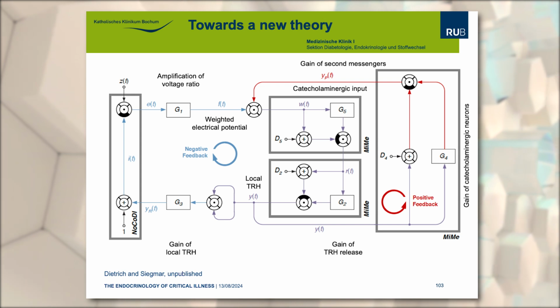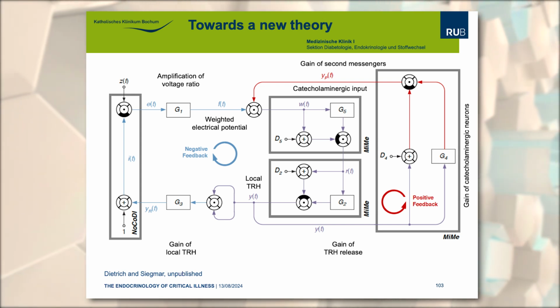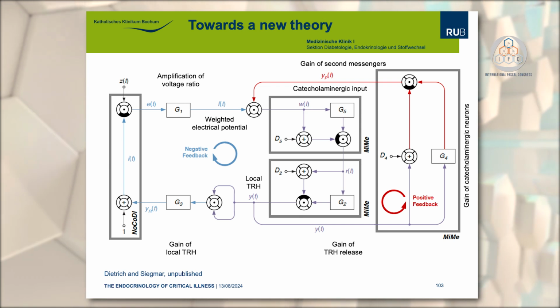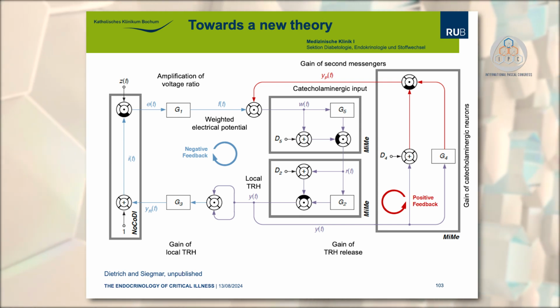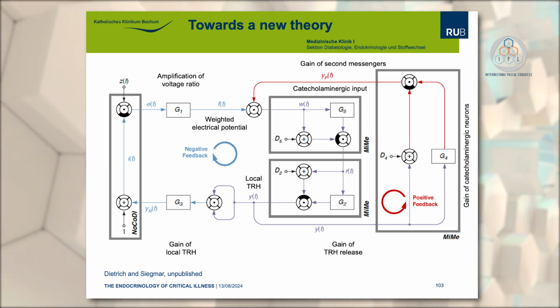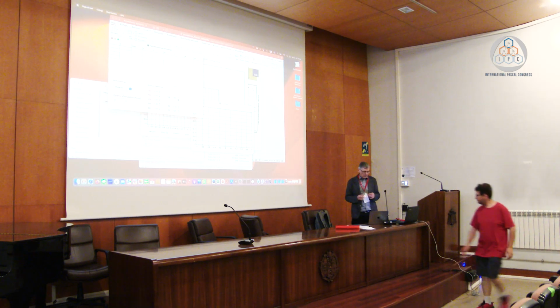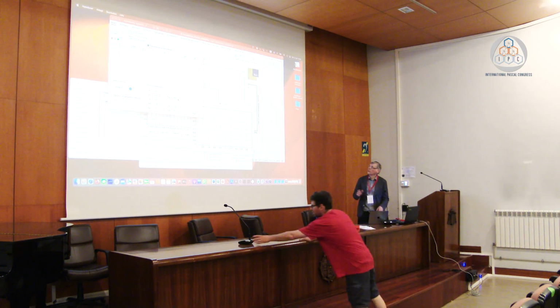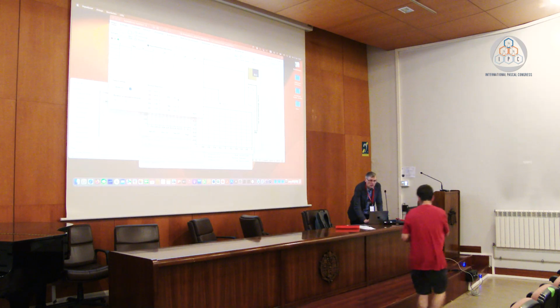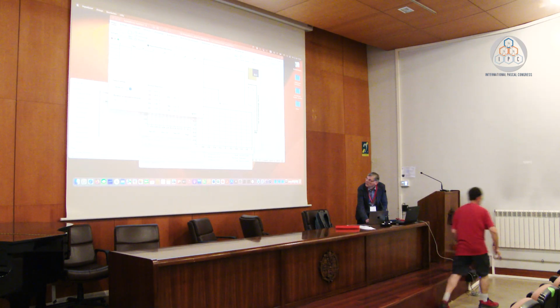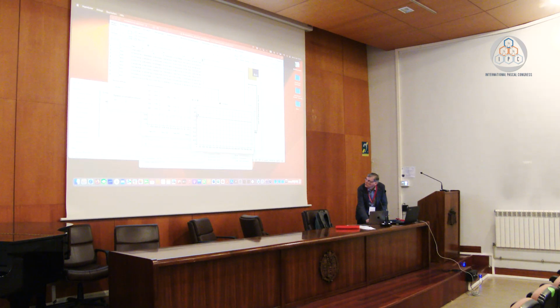Now we tried to simulate this. And to show you this, I now leave the presentation and this is a program here. And so we can simulate this system here with some standard values. And so we can see the evolution of time.